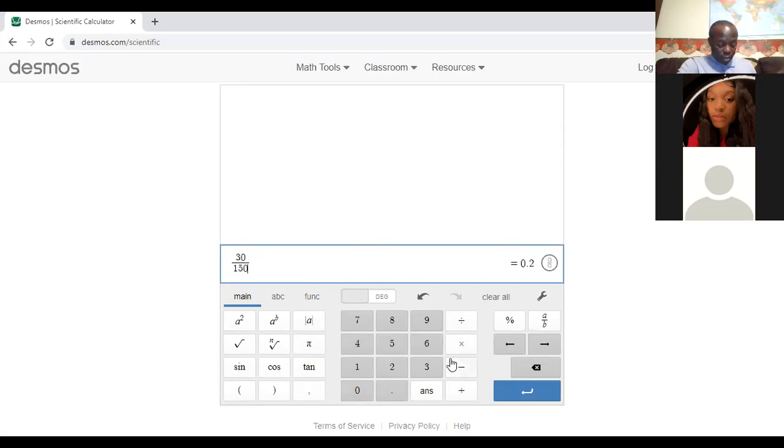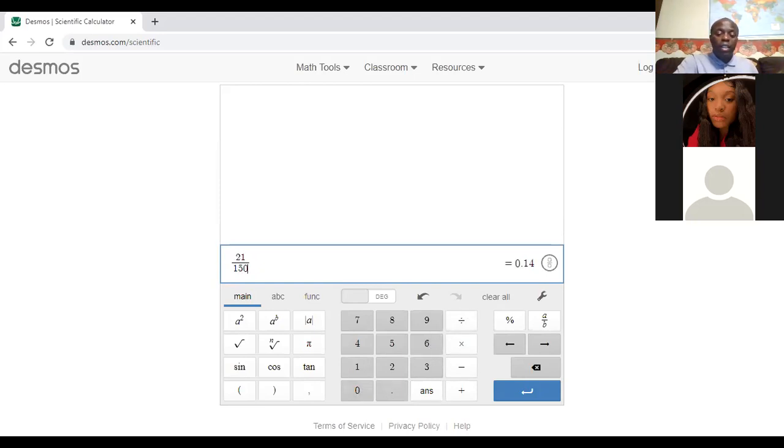And 21 for 5, which is 0.14. Let's try it. 21 by 150 is 0.14.